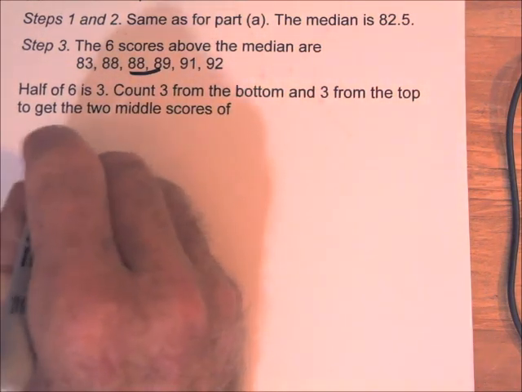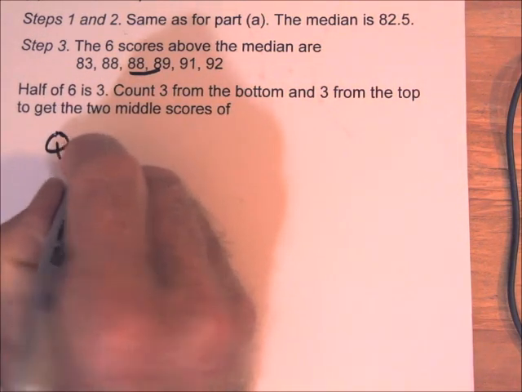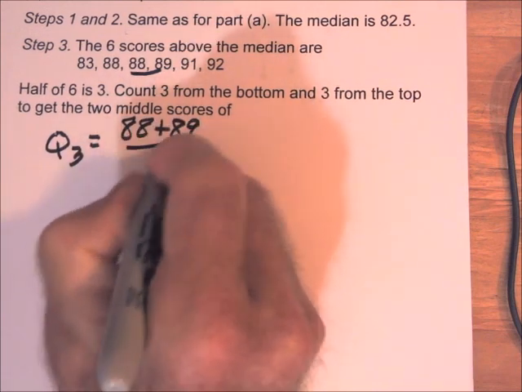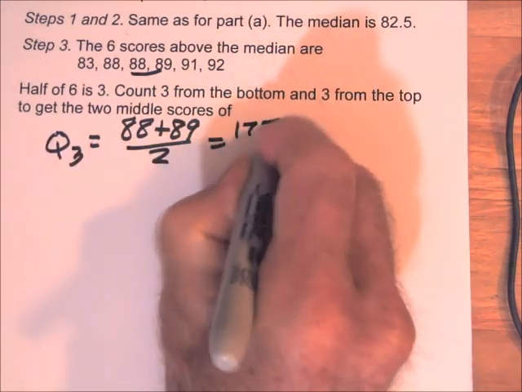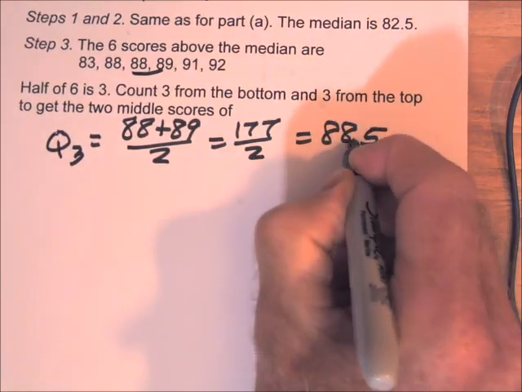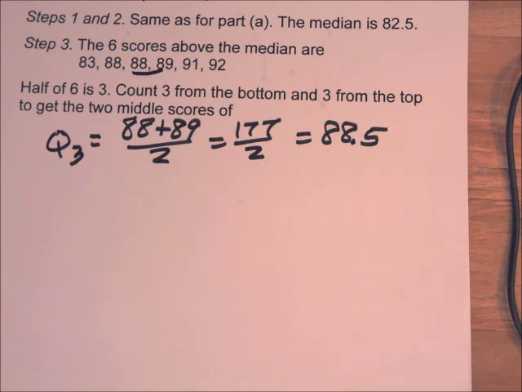And so Q3 is going to be the average of those 2 scores, 88 plus 89 over 2, 177 divided by 2, 88.5. And again, that's the same result we had when we computed the 75th percentile. In this case, the answer is the same.